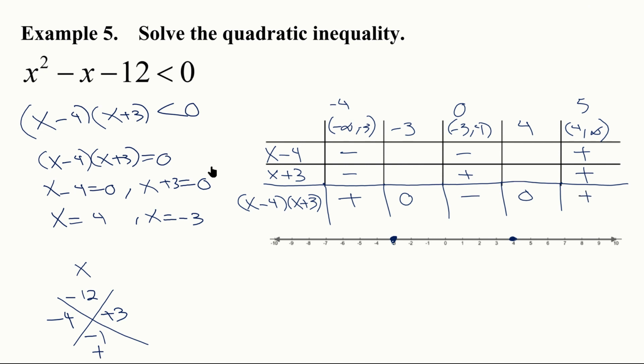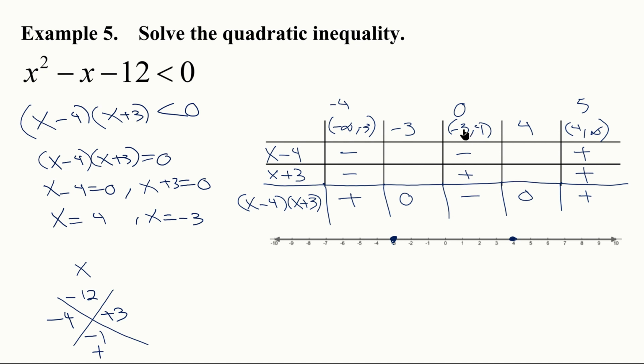All right. Now, we're looking for the places where this expression, which is the same as this product, is negative, strictly. So we're not interested in the 0 marks. Those are not going to be included. And we're going to be interested in all the places that we see a negative sign, right? Where the product is negative, so this is the only region.